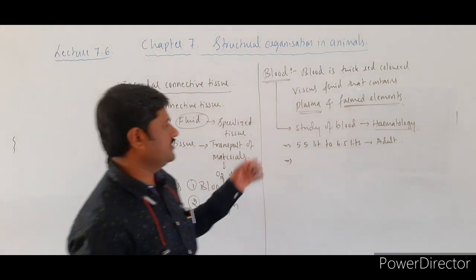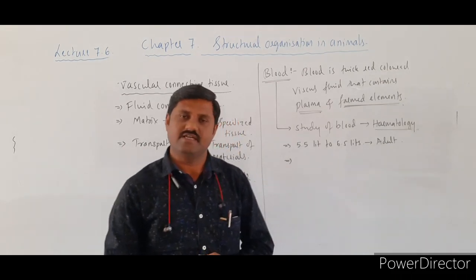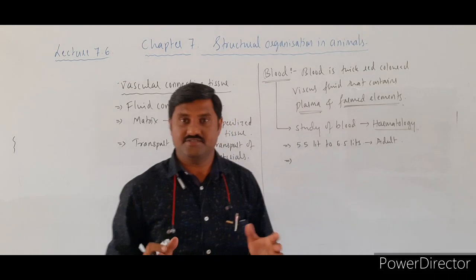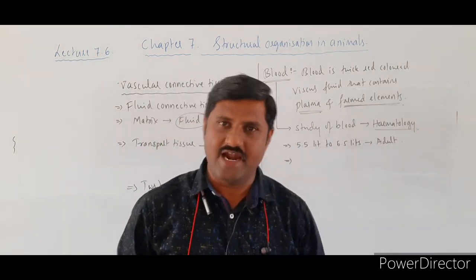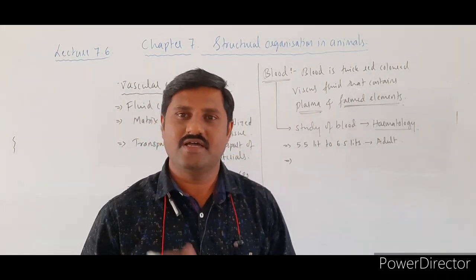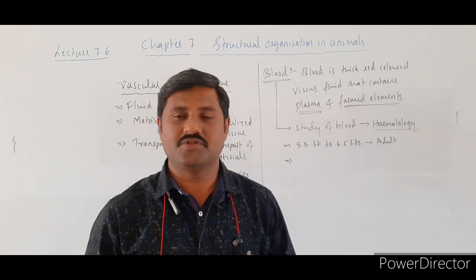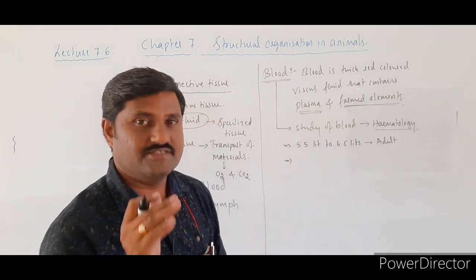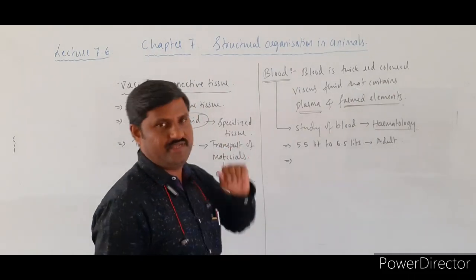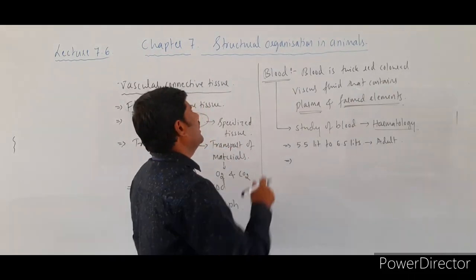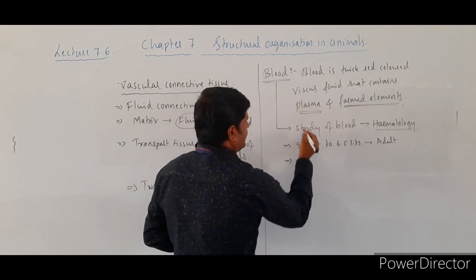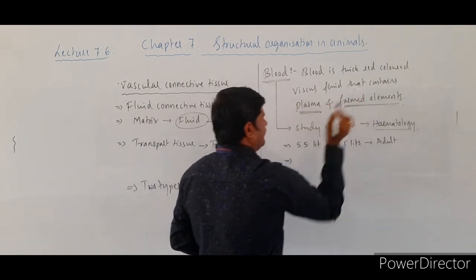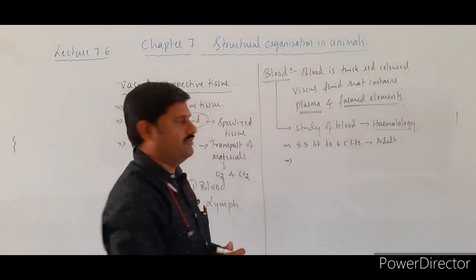And this blood plays a very important role, and flows through the blood vessels due to the pumping organ, that is the heart itself, right? This is a more important aspect to be remembered. And this blood mainly consists of plasma. First we'll study this one, and later we'll study formed elements.